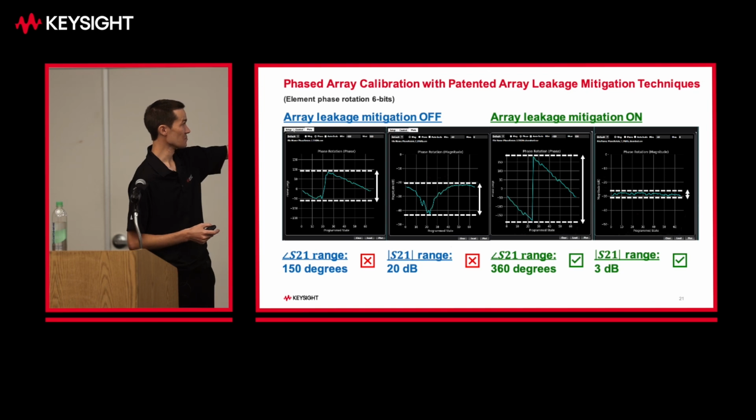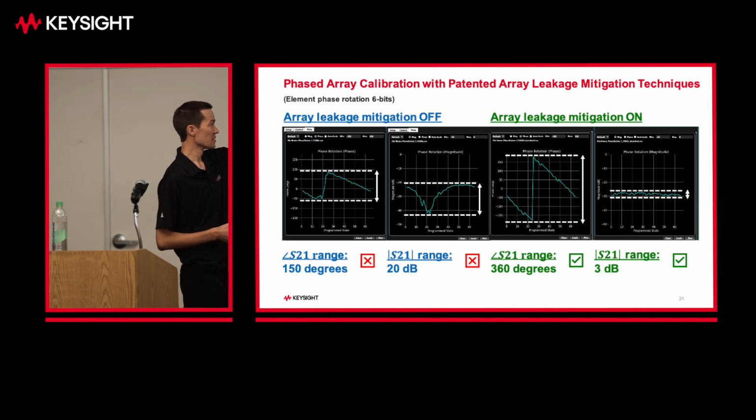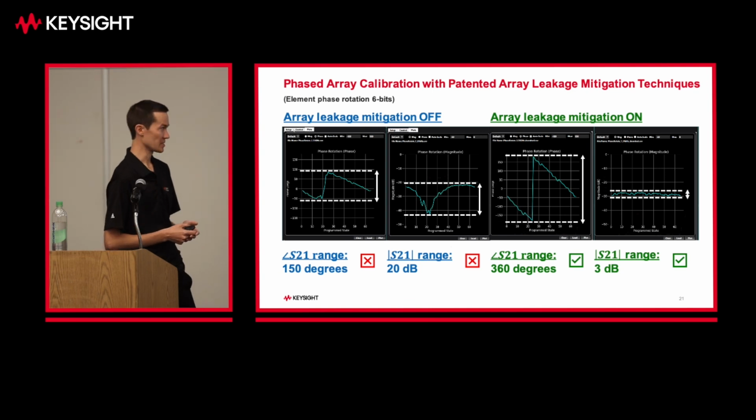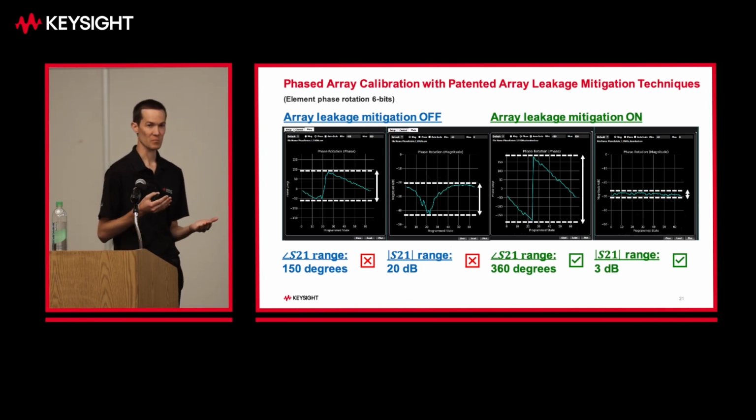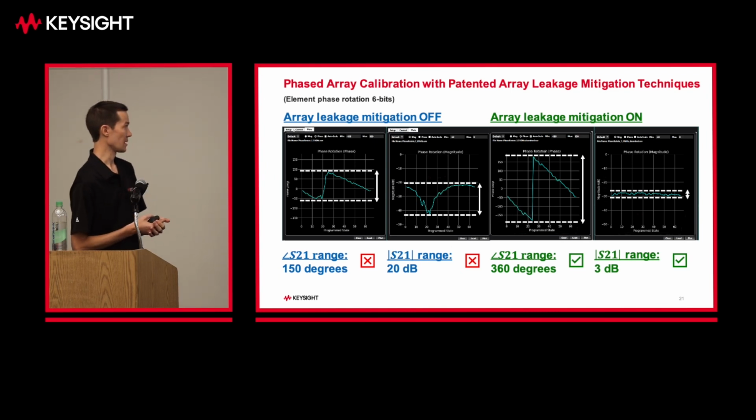But we can see in the magnitude plot of the S21 that there is this interference pattern that is developed as we iterate through those states. So this is indicating that the leakage is coherently and incoherently interfering with the measured response of our channel that we're trying to test.